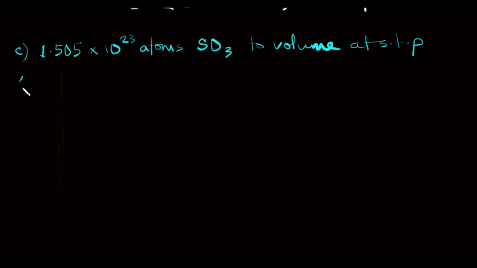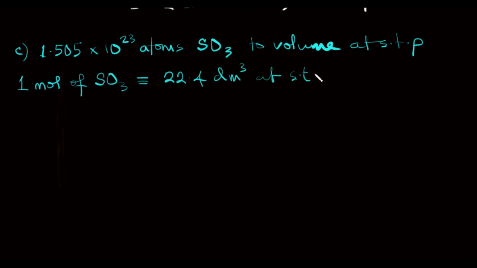So it means that 1 mole of sulfur VI oxide will occupy 22.4 dm cube at STP. Now, what is the number of atoms present in 1 mole of sulfur VI oxide?